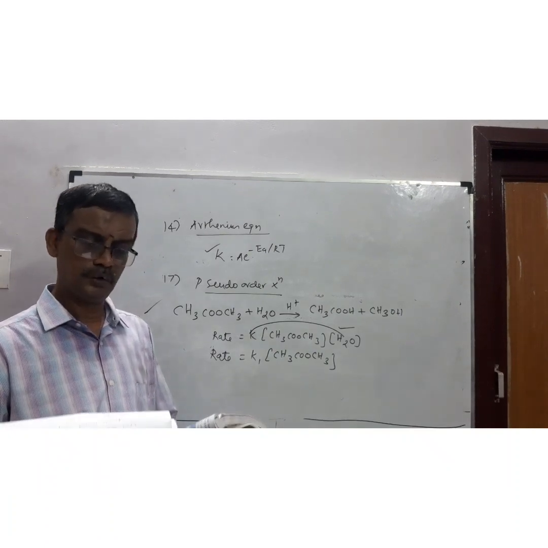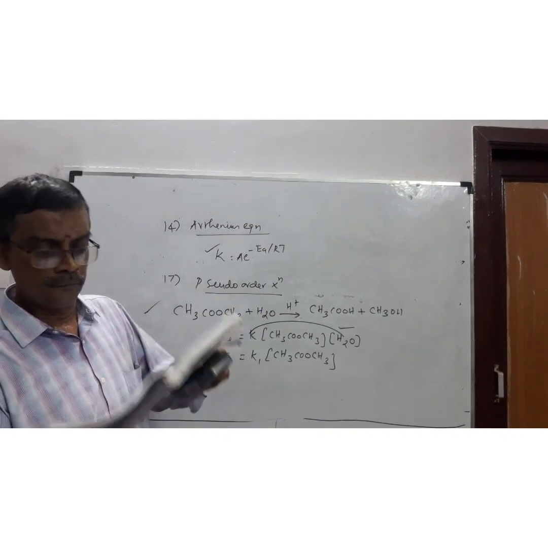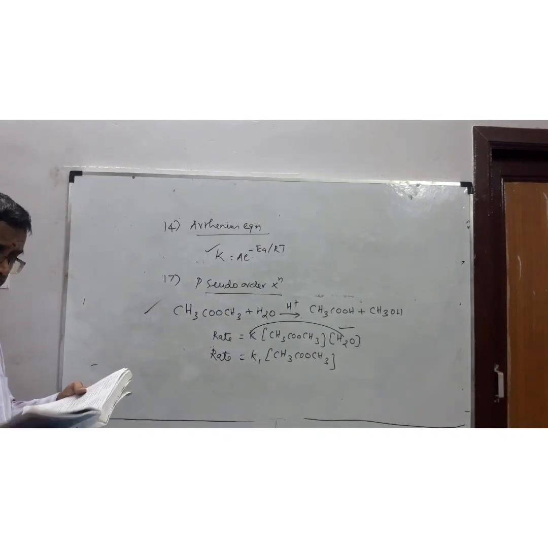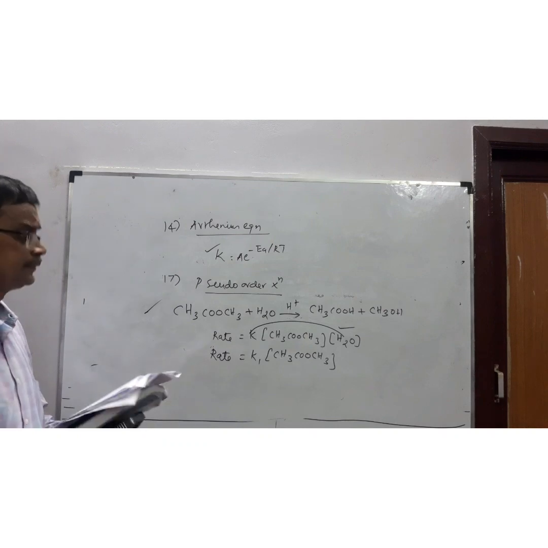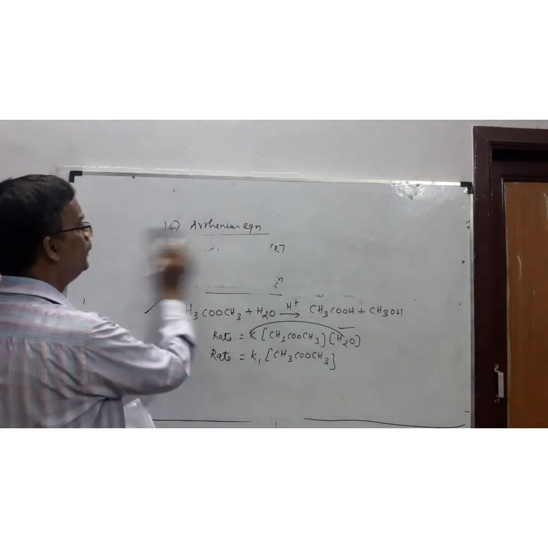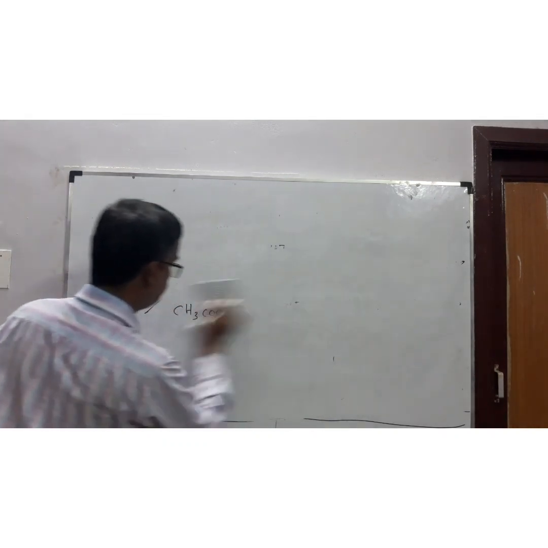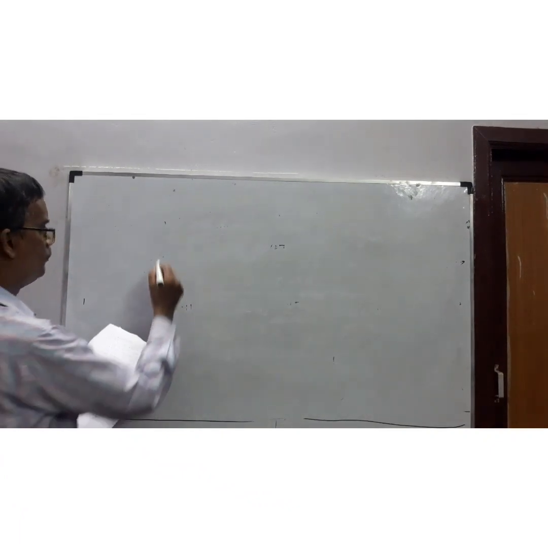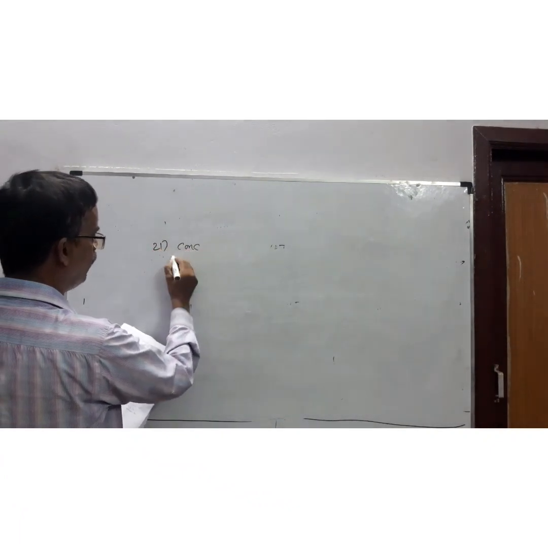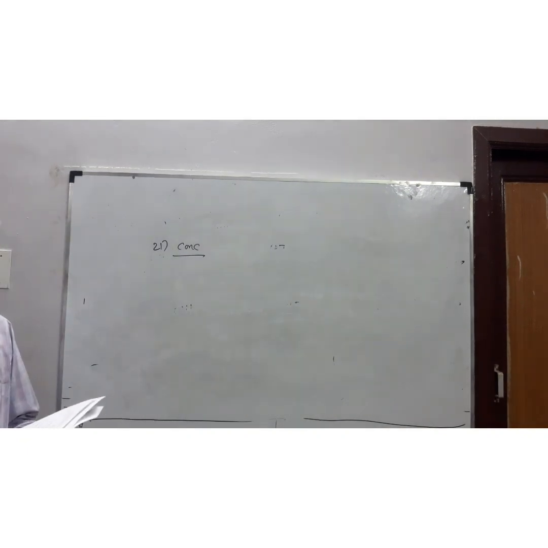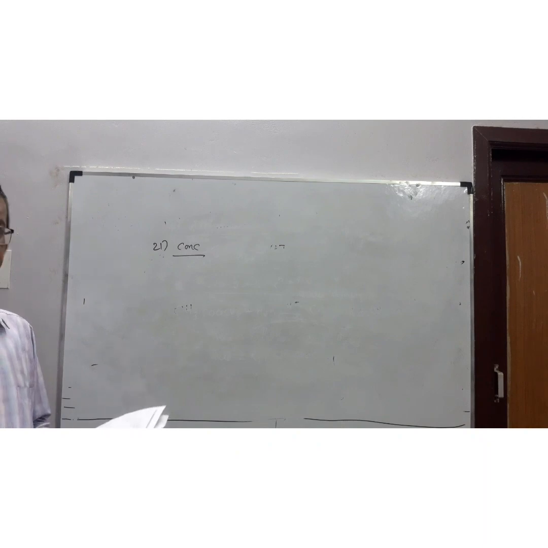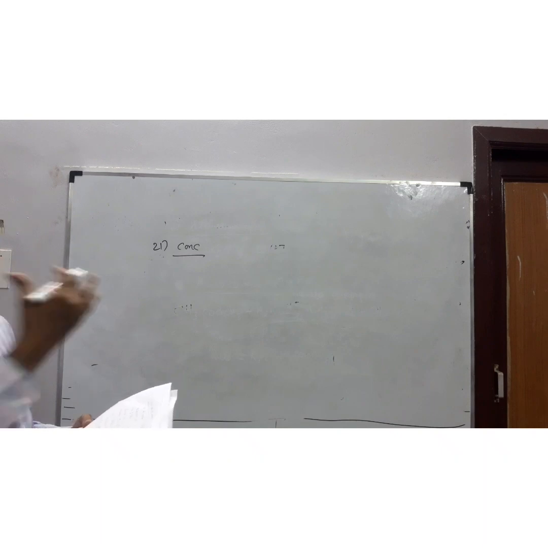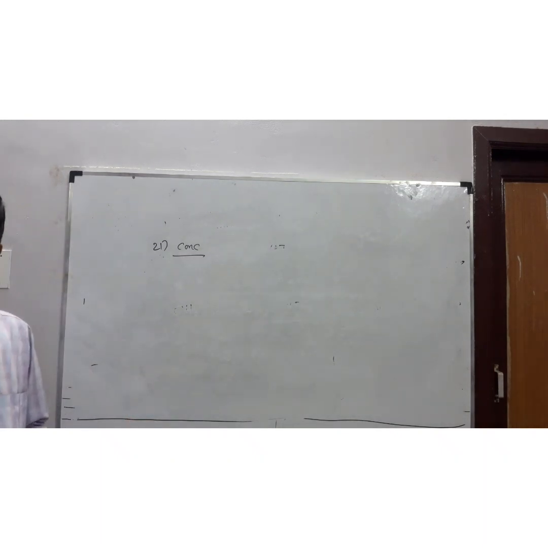Question number 21. How does the concentration of the reactant influence the rate of the reaction? Concentration எப்படி rate பாதிக்குது? Effect of the concentration: the rate of the reaction increases with the increase in the concentration of the reactant. அதாவது reactant concentration அதிகமாக்கினா ரேட்டும் அதிகமாகும்.